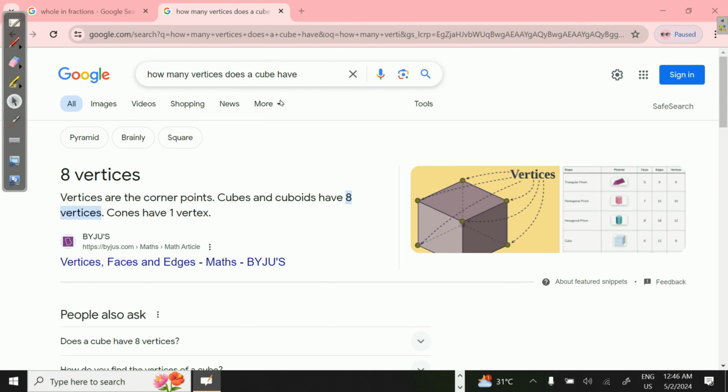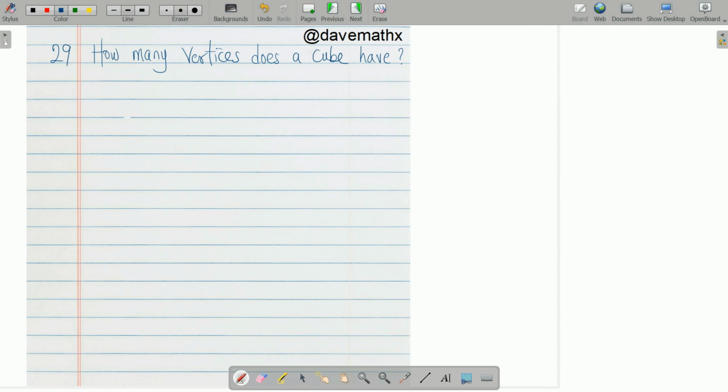Vertices are the corner points. Cubes and cuboids have 8 vertices. These are like the top end of the cube. The final answer is 8 vertices.